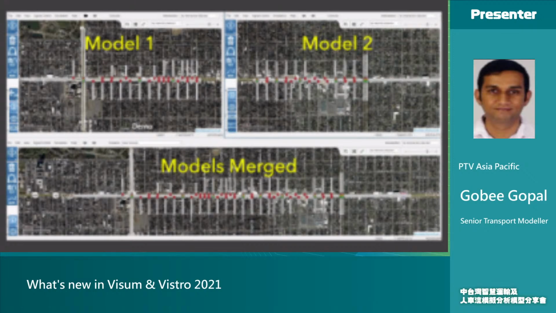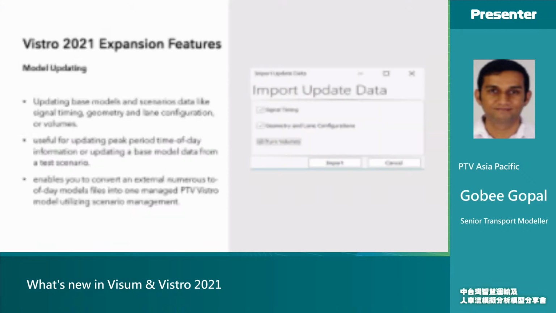And model updating. Again, you have two models, and you want to export, or in another example, export scenario 1 data like signal, geometry, and turn volumes to scenario 1. So the features have been built for you.